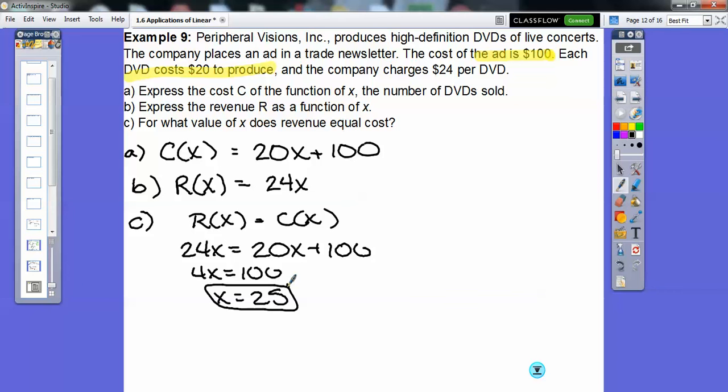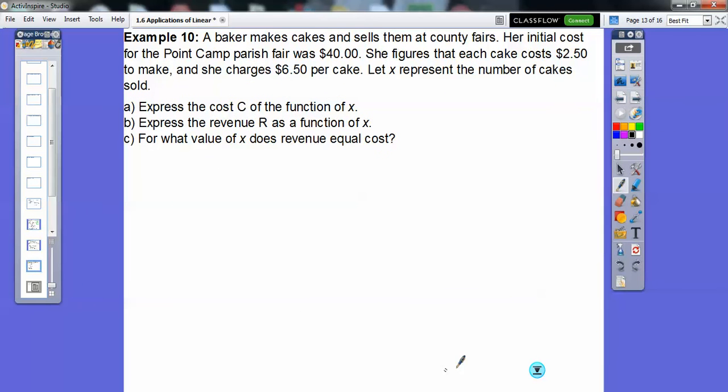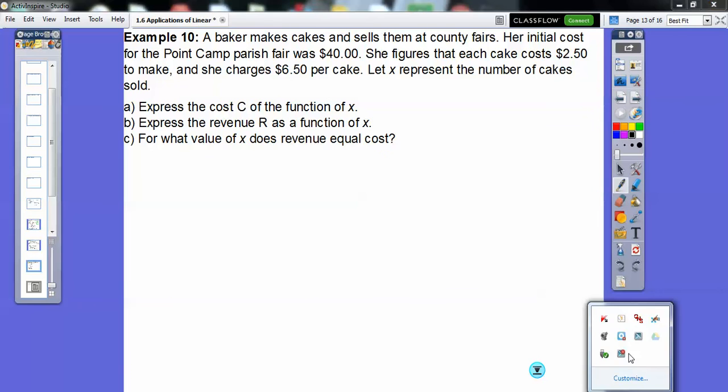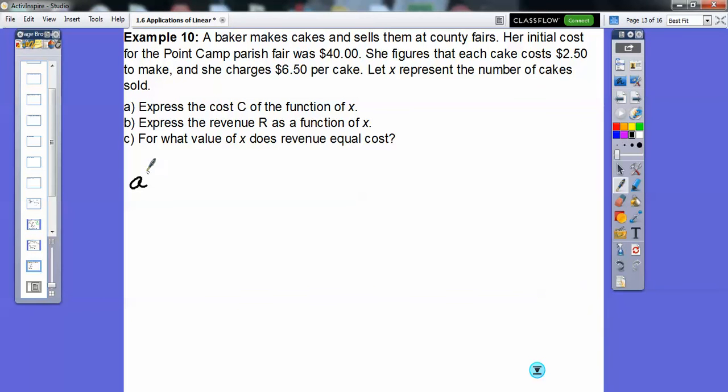Alright, questions there? I'm going to give you guys one of these to try, and this will probably be our last problem for the day. Alright, so your cost. Okay, the cost that the baker incurs. We have three numbers in this problem.